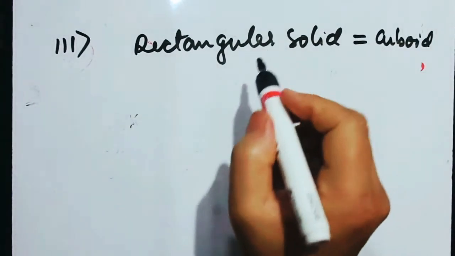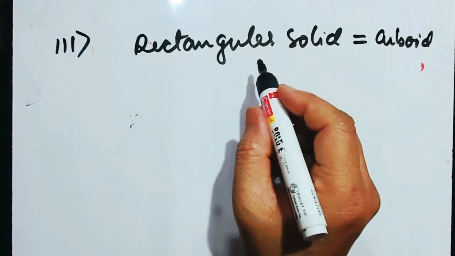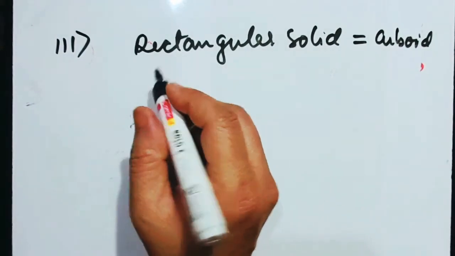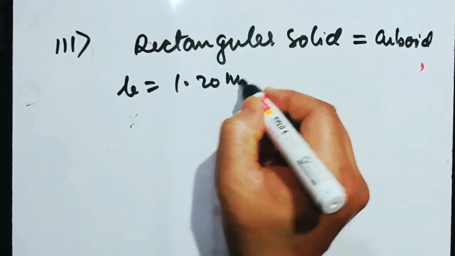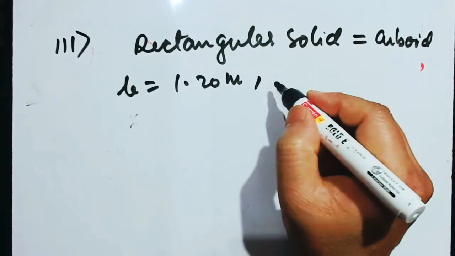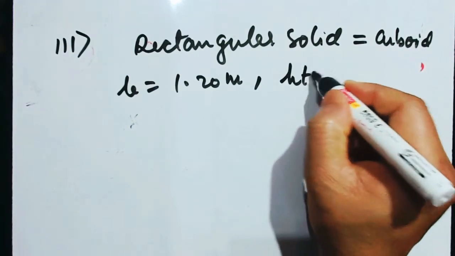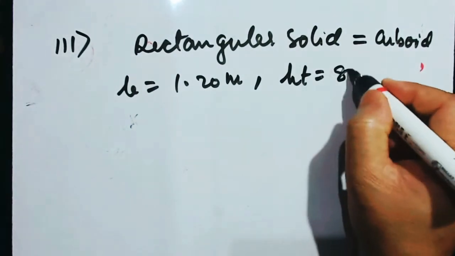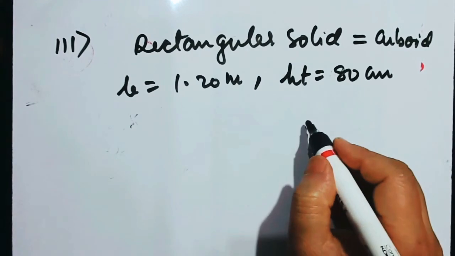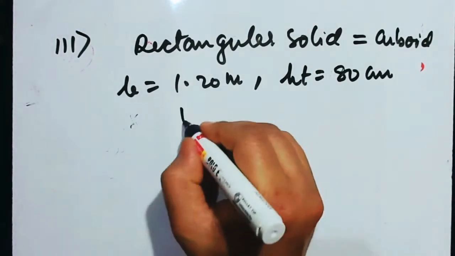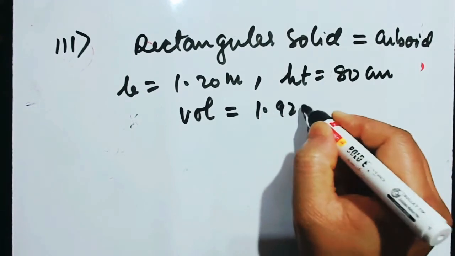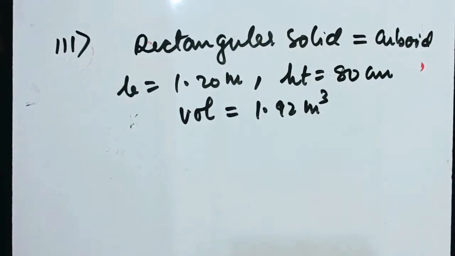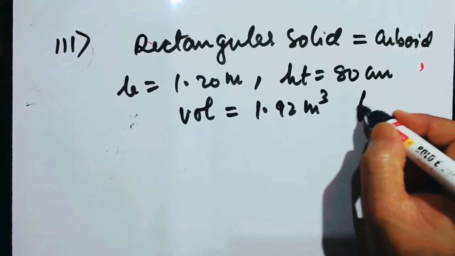So a rectangular solid has the breadth B as 1.20 meter and the height is given as 80 centimeter. The volume is also given as 1.92 meter cube. So find the length. Find L.